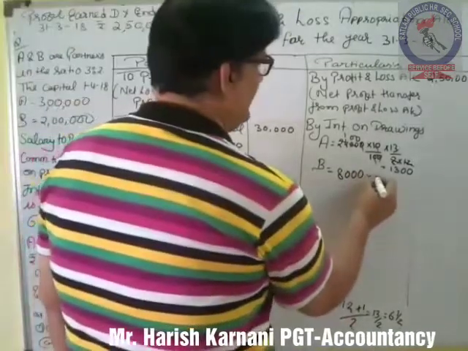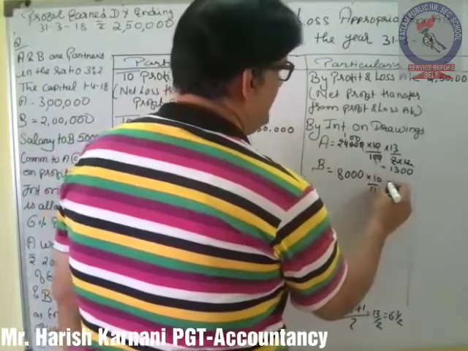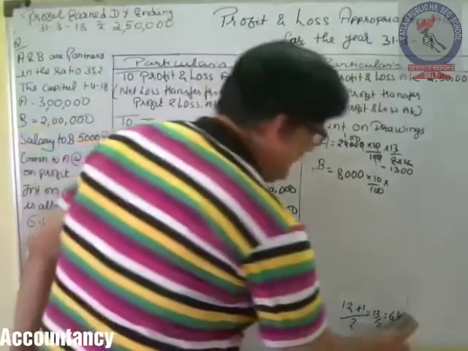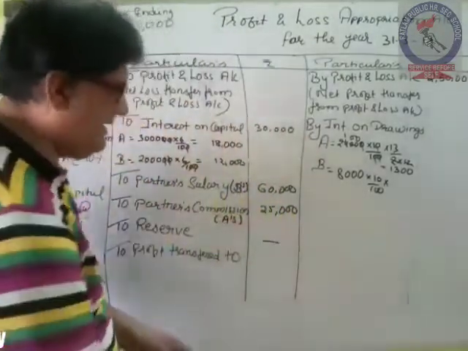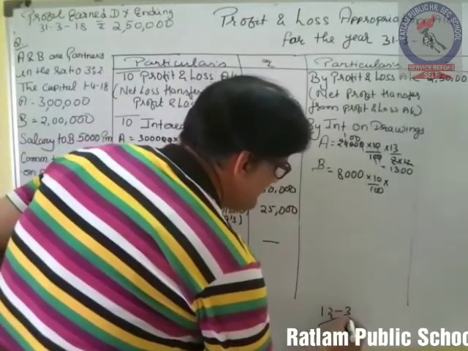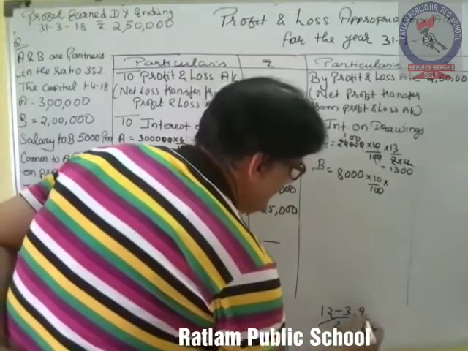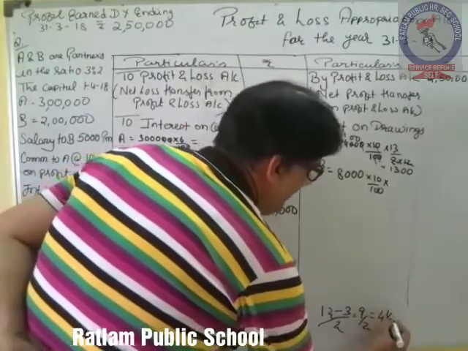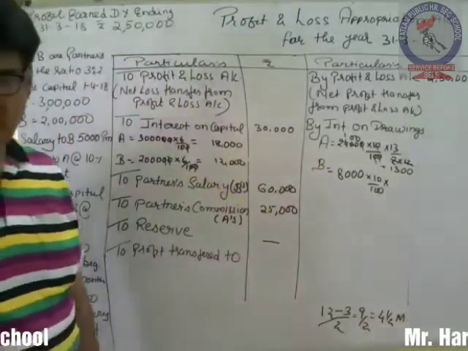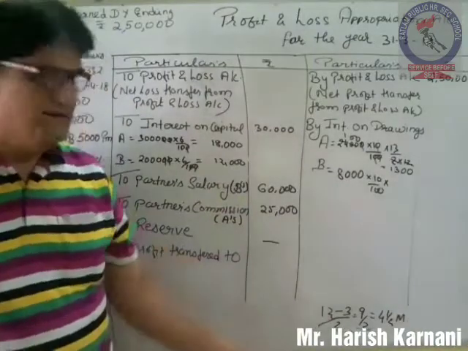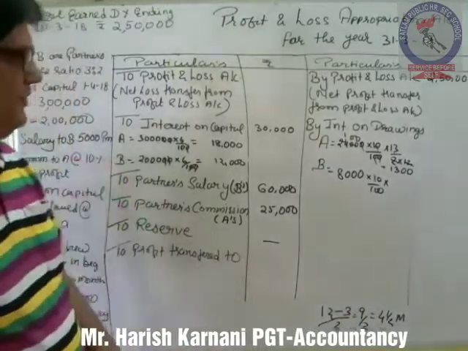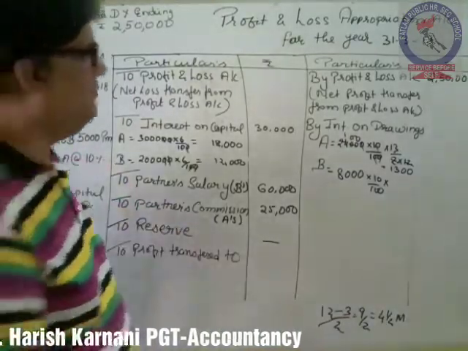Rate of interest again 10%, and now he is drawing at the end of the quarter. For end, what option do we have? In the beginning it is plus, so for the end it becomes 12 minus 3 by 2, so that will be 9 by 2 or 4.5 months. The default months in a year are 12, subtract 3, divided by 2, average period 4.5 months, so interest for 4.5 months, again 9 by 2.